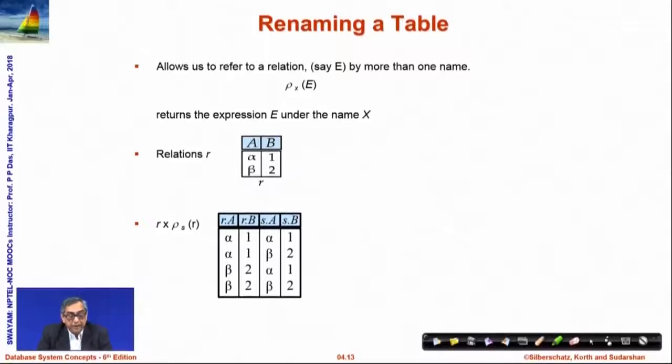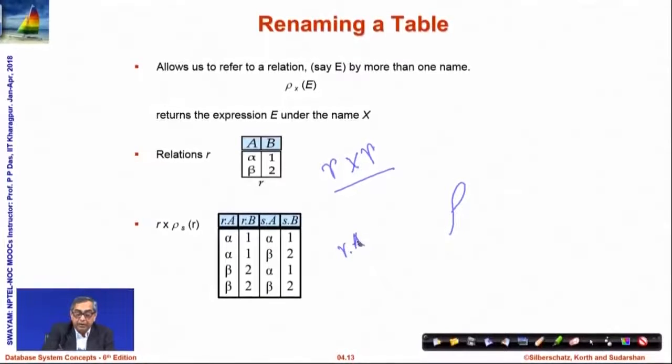Accordingly, relational algebra gives you a way to rename a table and put its name differently. This is given by the symbol rho. So, using a relation R, you can give it a different name S. Otherwise you cannot compute R cross R, because if you try to do R cross R, then you will have R dot A, R dot B, and you will again have R dot A, R dot B. So, you use this to rename R to S and then compute this.